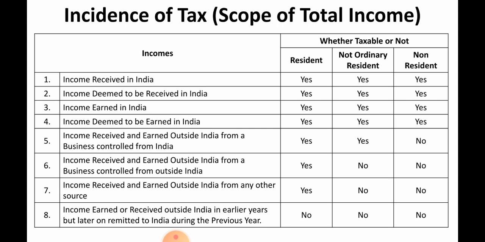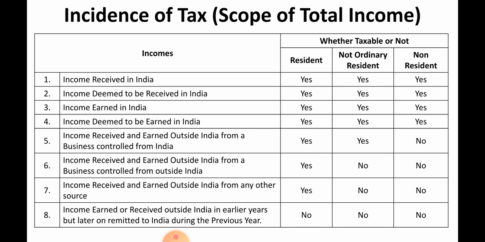The reason behind this is, as this income does not belong to the previous year, this is why it will not be taxable for any of the assessee. There may be another concept behind this non-tax liability, as it belongs to an earlier year.